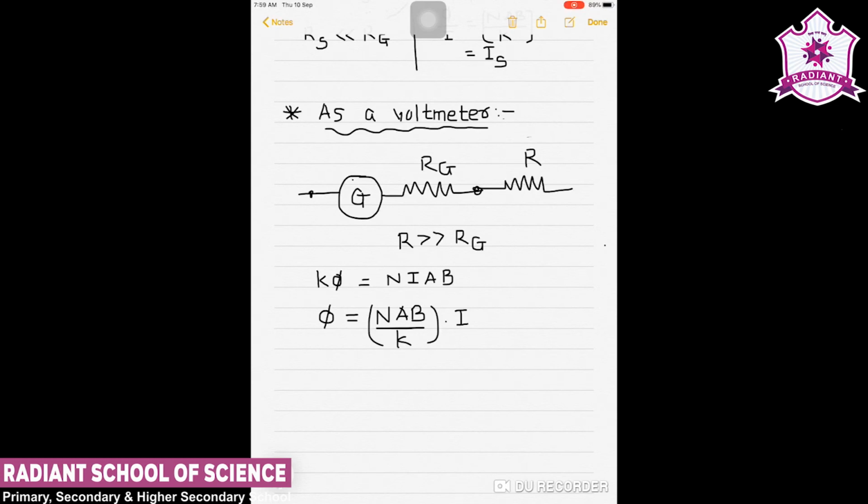Now if I divide this equation by V, then I by V becomes 1 upon R. So phi by V equals NAB over K into 1 upon R. That is called voltage sensitivity, and that is deflection per unit voltage.